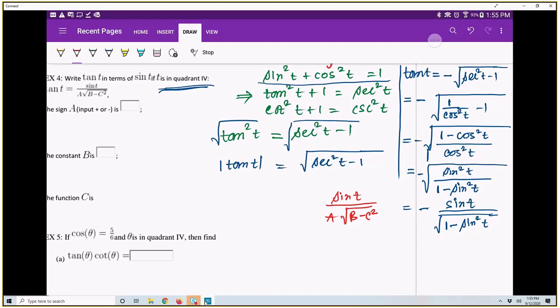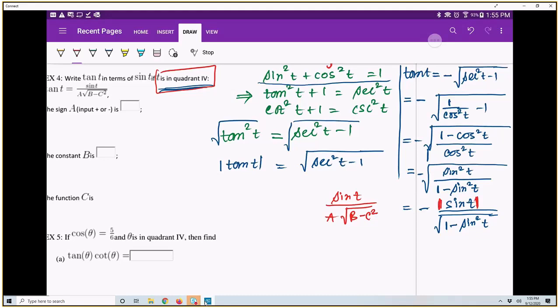Now, remember t is in the fourth quadrant. So sine t itself is a negative number. Since t is in the fourth quadrant, sine t is negative, as tangent t was. So when you took the square root of sine squared t, you had the absolute value here, and I didn't write it for a purpose.